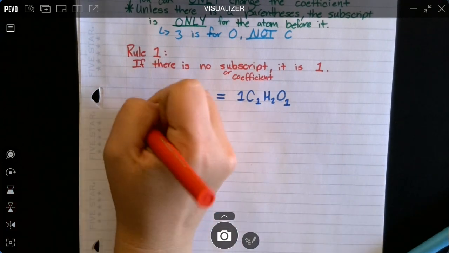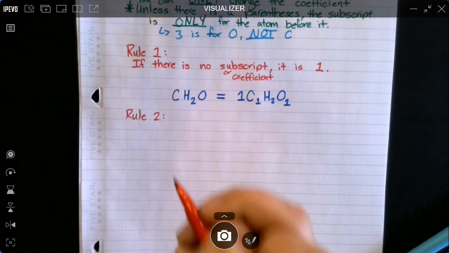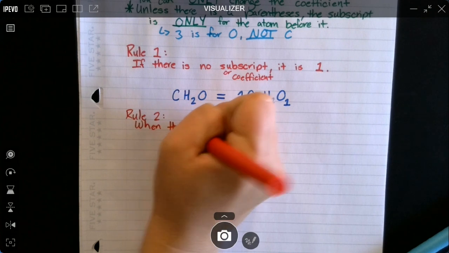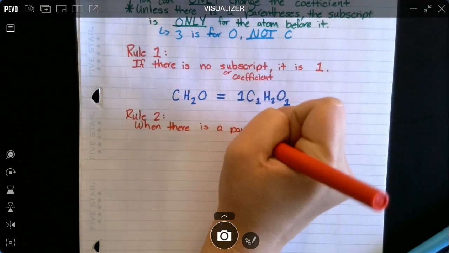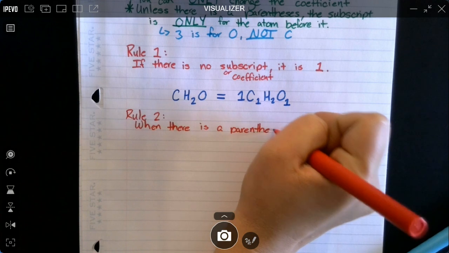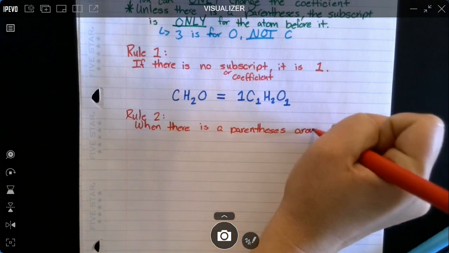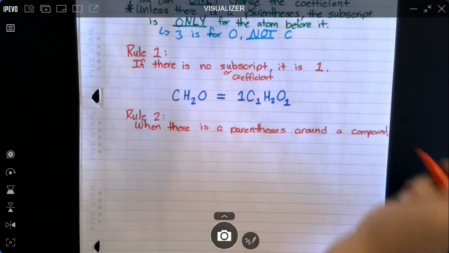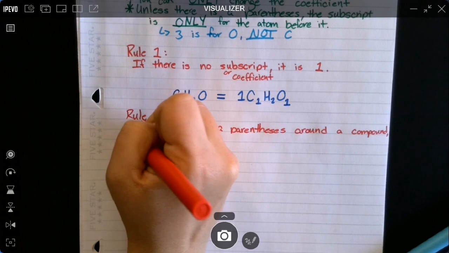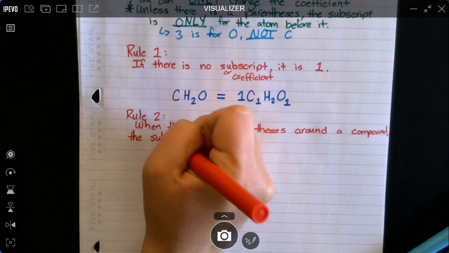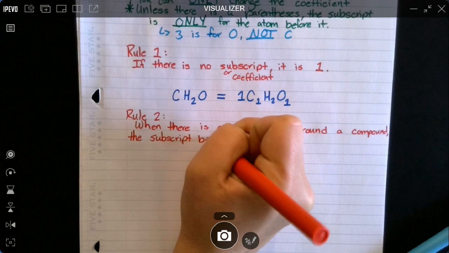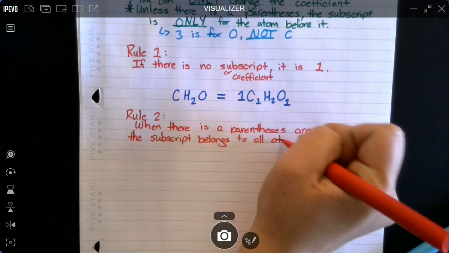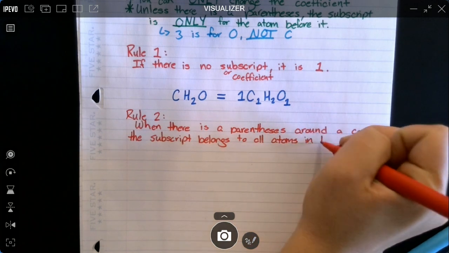Rule 2. There's only 3 rules, if that makes you happy. When there is a parenthesis around a compound, the subscript belongs to all atoms in the parentheses.